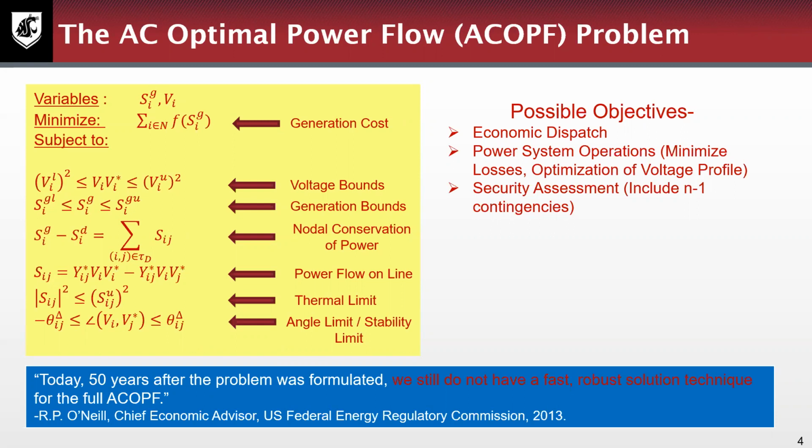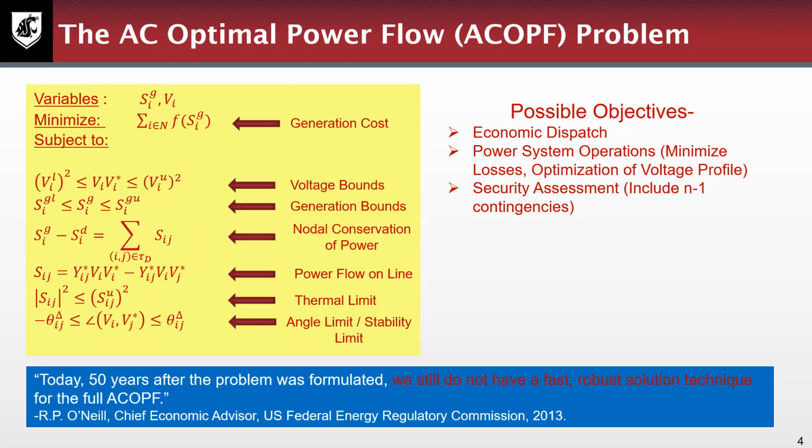The angle limits are the only thing that we try to avoid in distribution systems, particularly in radial distribution systems, because once it becomes radial, angle relaxation can be done very easily. Once you formulate the distribution power system model neglecting the angle limits, we can easily trace back the voltage magnitudes and then angles.